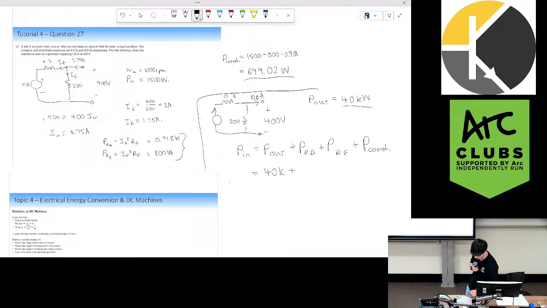Now to find RA and RF, we need to find the currents again. Using Ohm's law again, we know that IF will just be 2 amps, 400 over 200 again. And we know that the armature current will have to be the sum of 100 and 2. So it will be 102 amps.